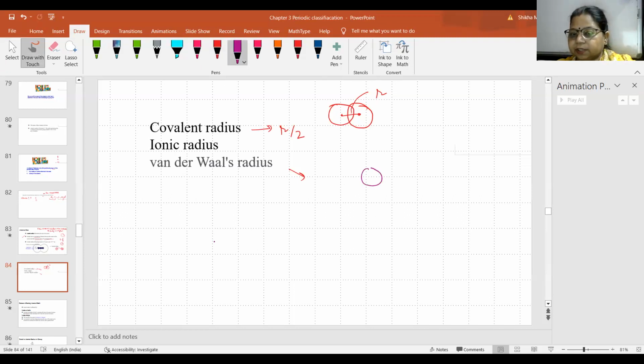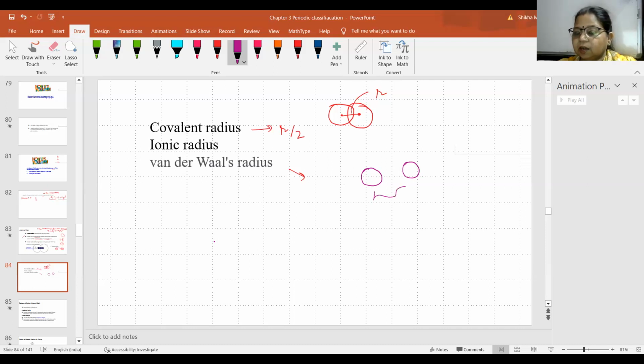If I talk about, let's say, helium or neon or argon, how will you find its atomic radius? You cannot, right? So they always have a van der Waals radius.